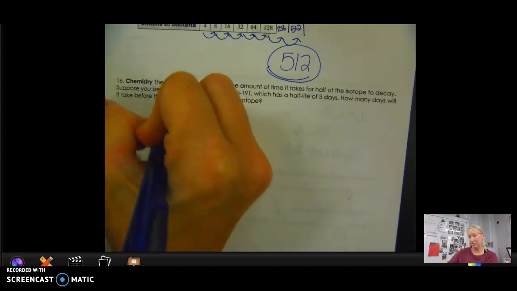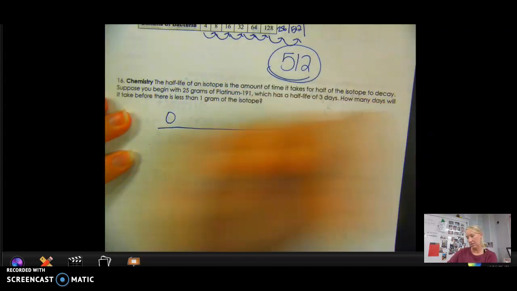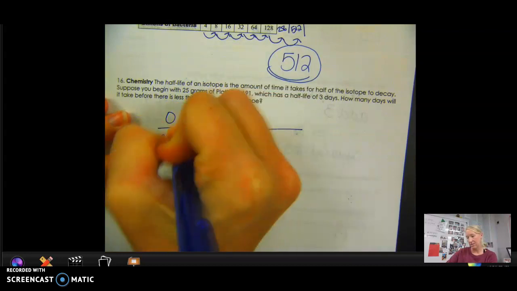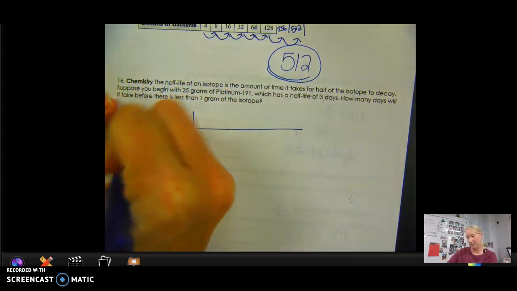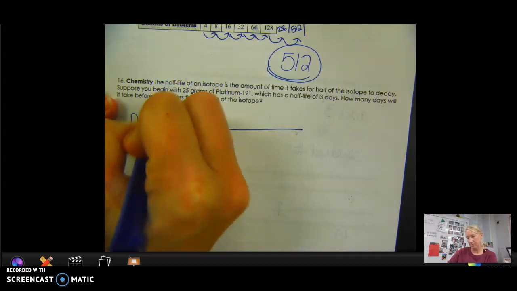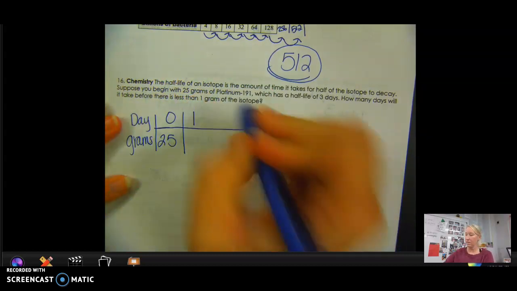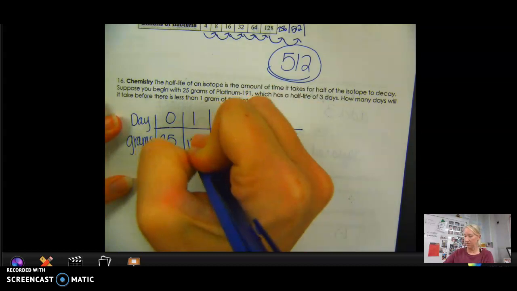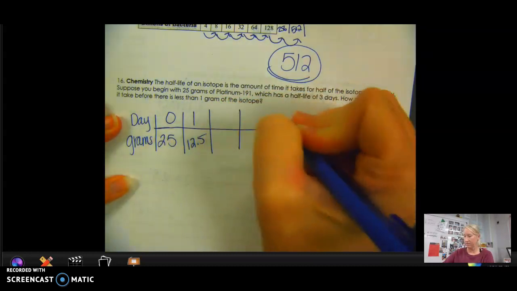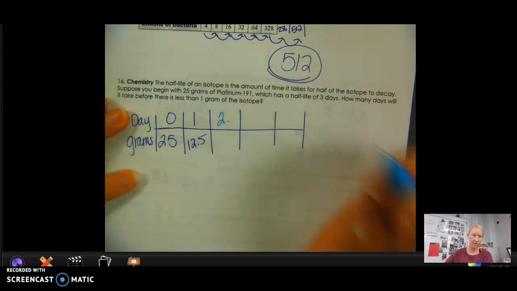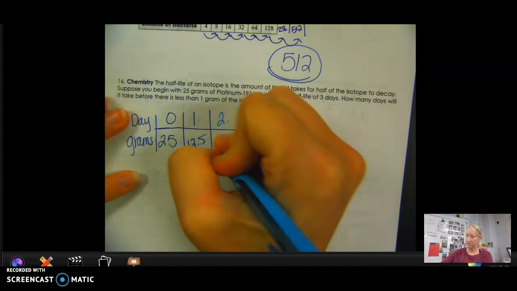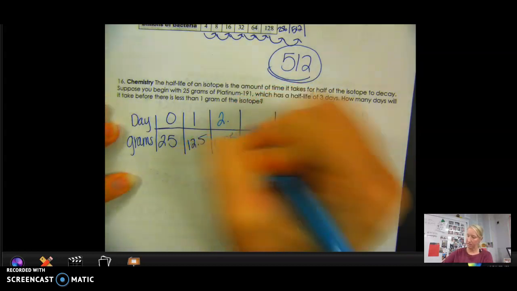So if on day 0 was 25 grams, that means on day 1, so this is day, this is grams. That means on day 1, it's 12.5. That means on day 2, it's going to be half of that, so 6.25.